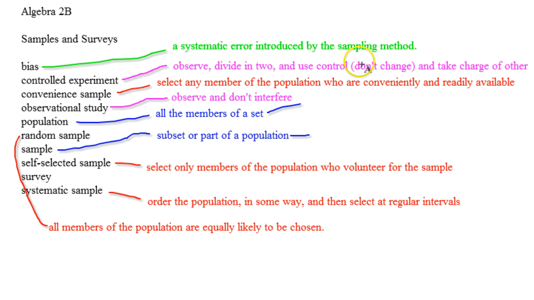A really good explanation of a controlled experiment is if you're testing a new medicine, you would divide the group into two groups. You would randomly pick which group is going to be in which, and you're going to give one group a placebo, which is like a sugar pill, and you're going to give the other group the actual drug and see if there's an actual effect.